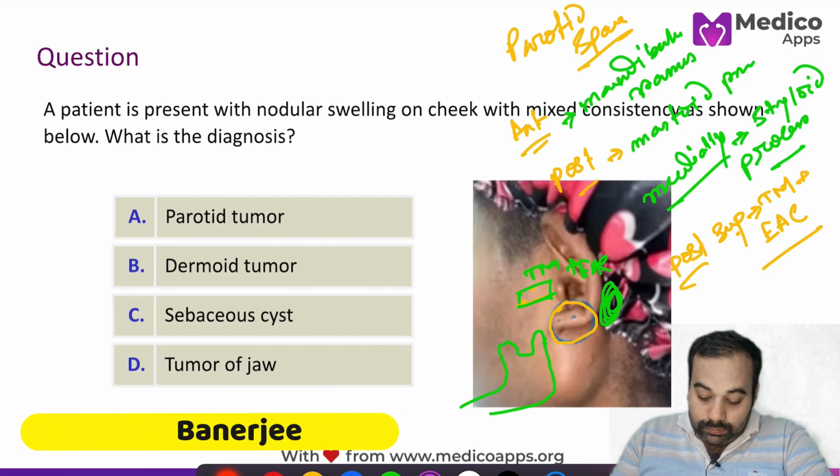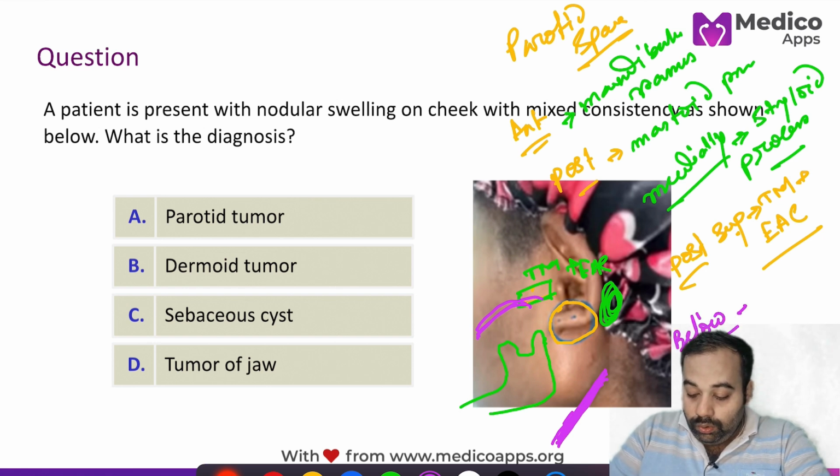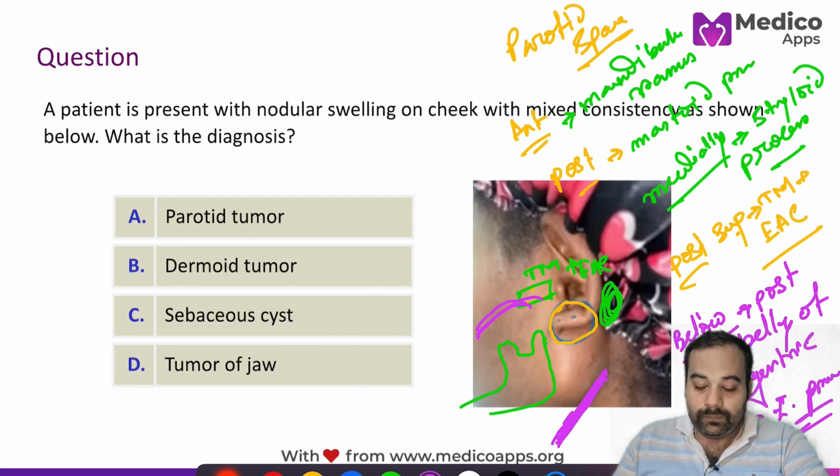Next important thing is that superiorly there is the zygomatic arch, and inferiorly there is the posterior belly of digastric. So below there is the posterior belly of digastric, and above we get the zygomatic process.